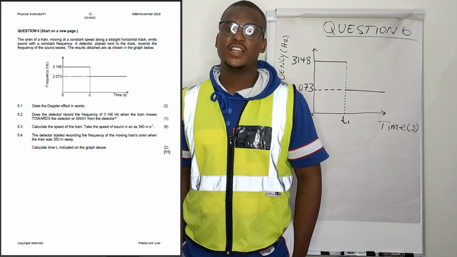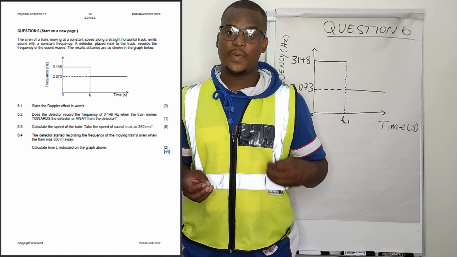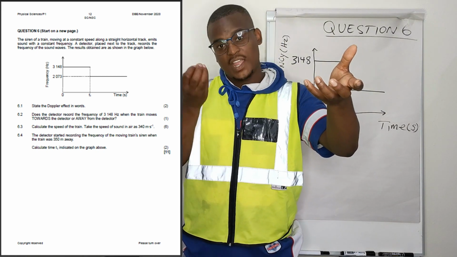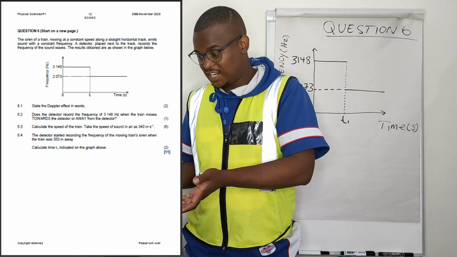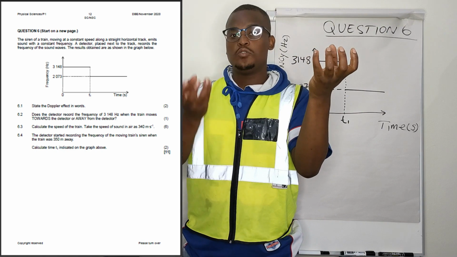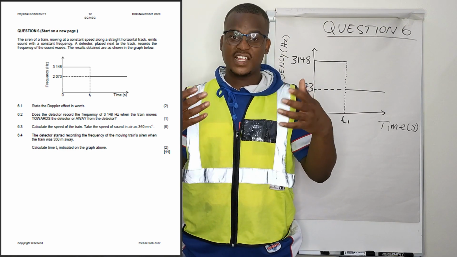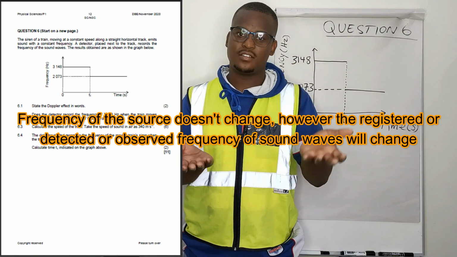The Doppler effect is an observed change in frequency of a sound that is caused by the difference in velocity between the source of sound and the observer, or the listener, or the detector in our case. So if you have a source of sound and a detector, and they have different velocities, the observed frequency is going to change.